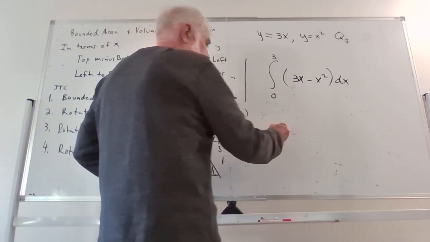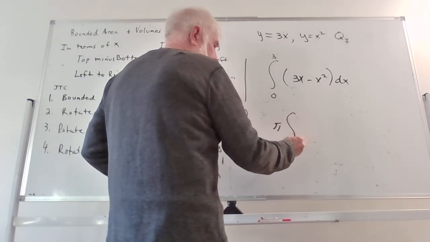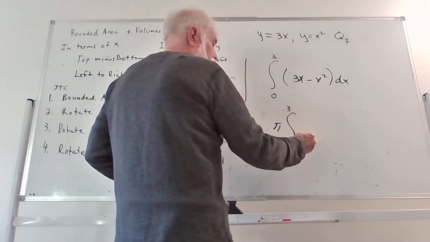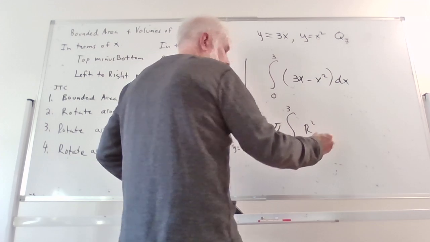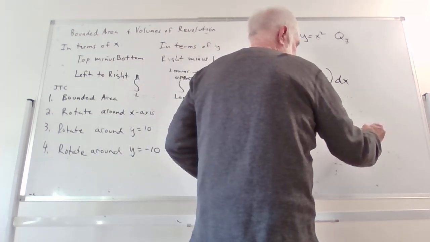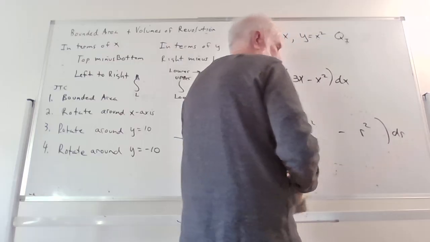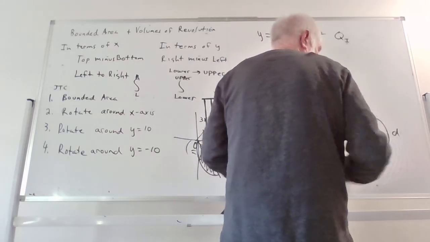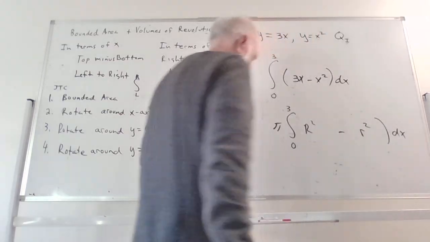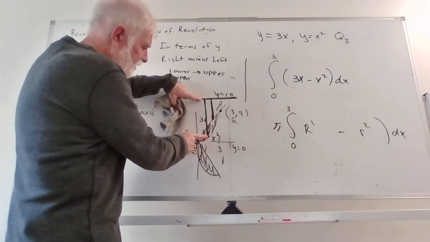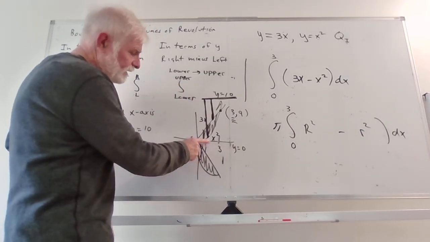Well, so it's really pi, left to right still, big R squared minus little r squared dr. And dr in this case is dx. So what is this long distance? Well, I need to know what that x squared value is.